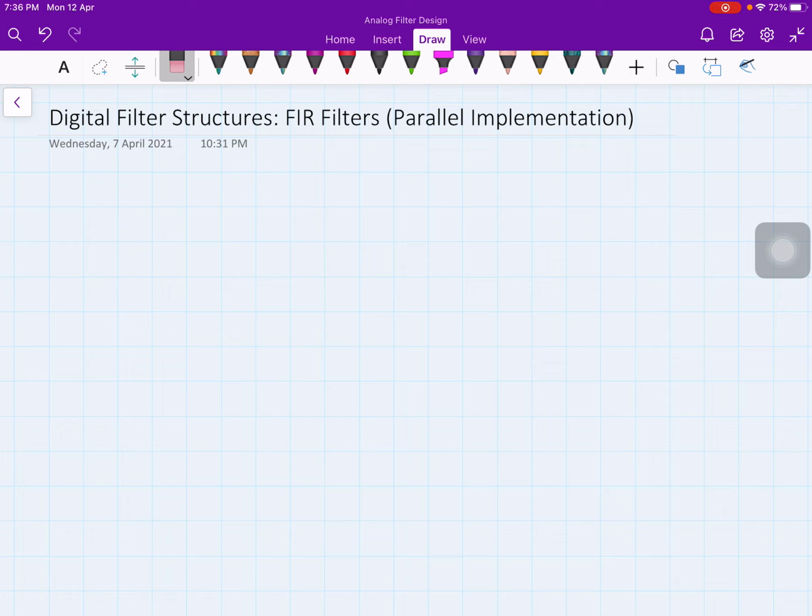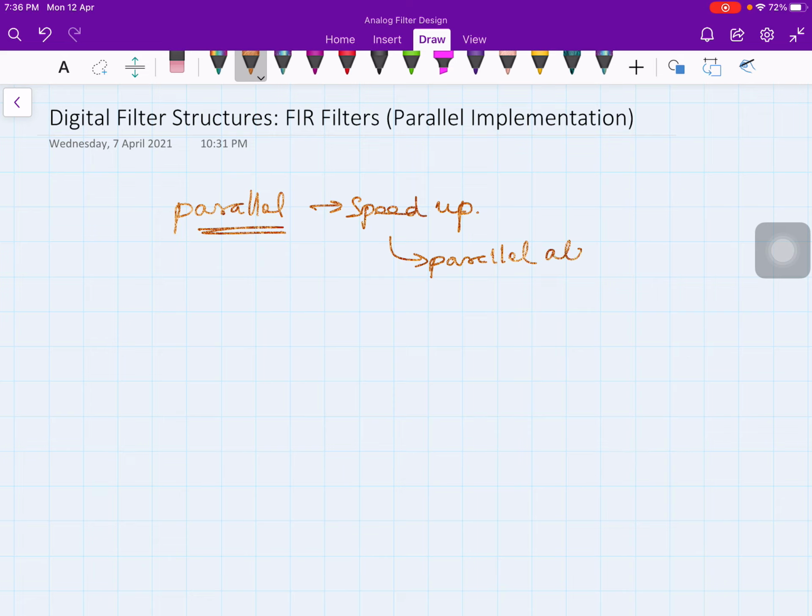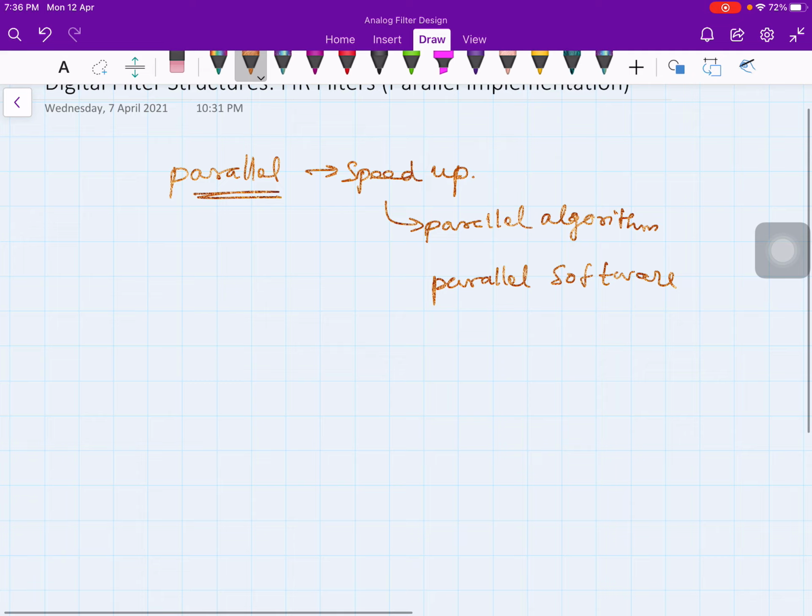Generally, when I say parallel, this parallel is usually resorted to when you wish to speed up the process, like you have parallel algorithm and parallel software. So this parallel algorithm, parallel software is faster than a serial processing.